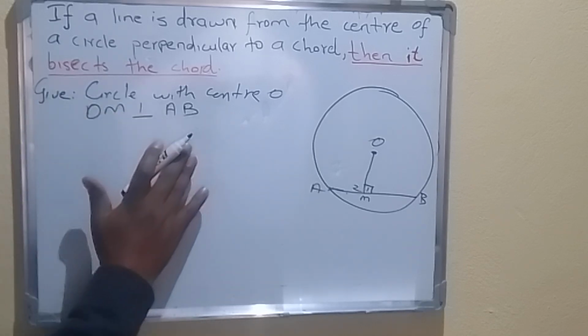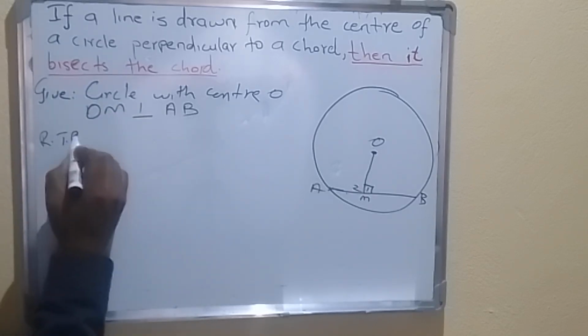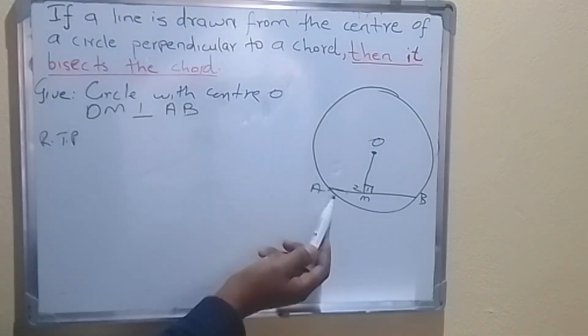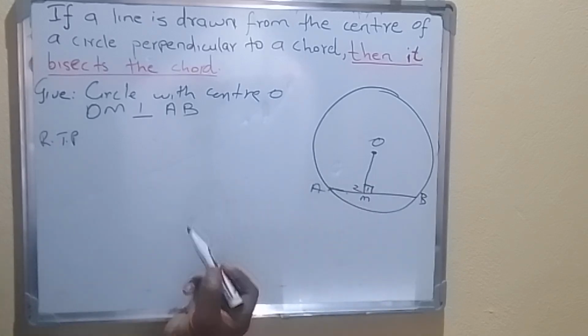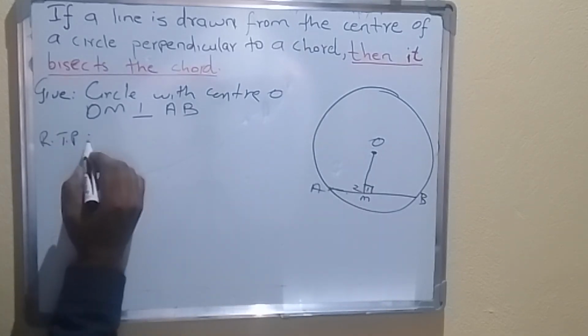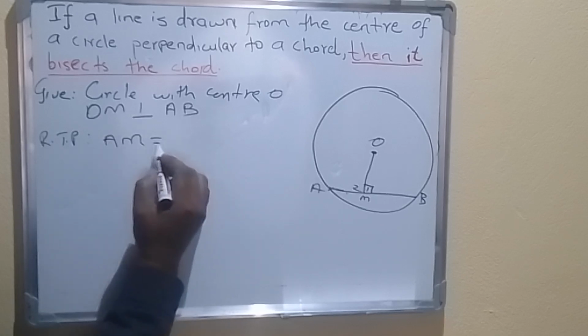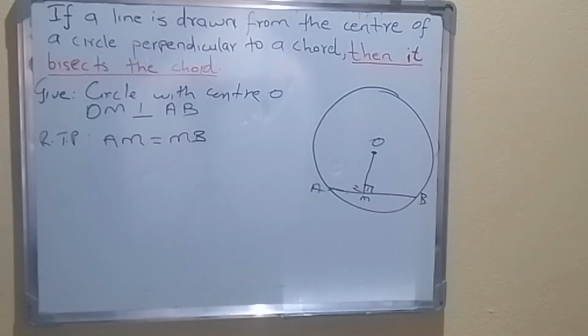This is what is given. And then we are required to prove that this line bisects the chord, so it cuts the chord into two equal halves. In other words, we are required to prove that AM is equal to MB.